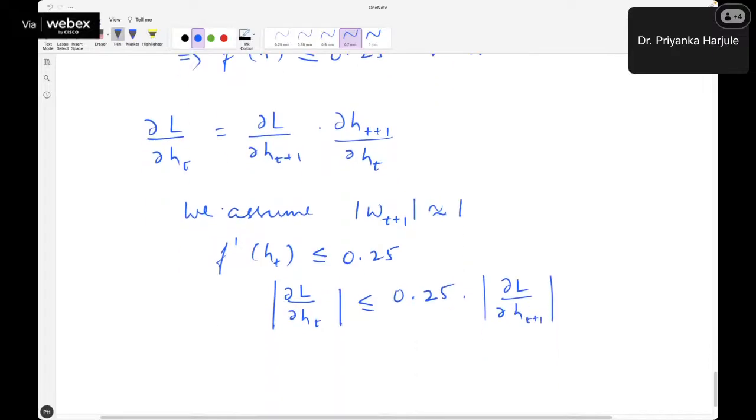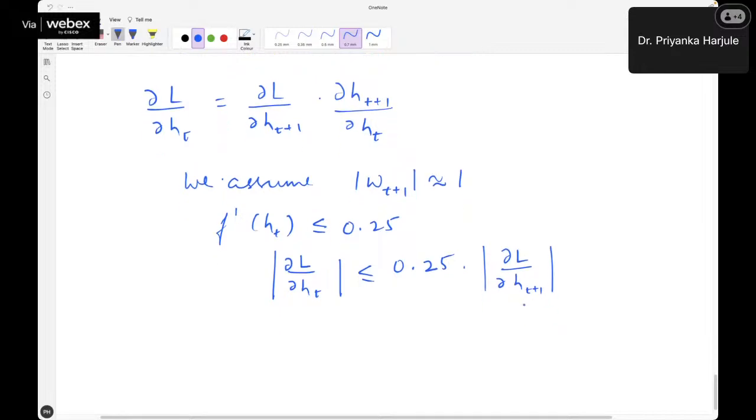Okay, so now you see that the magnitude of the rate of change of the loss function with respect to ht is less than 0.25 times the rate of change of the loss with respect to ht plus 1.